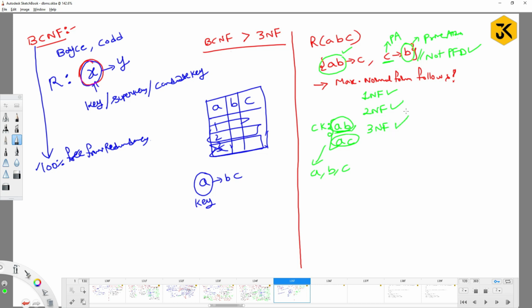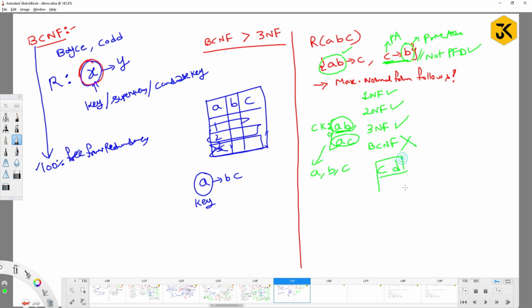But what about BCNF? It is not. Why? AB is a candidate key, there is no problem. What about this one? C determines B. C is not a candidate key, so it is compulsorily violating the principle of BCNF. So you have to find the closure. What is the closure of C?